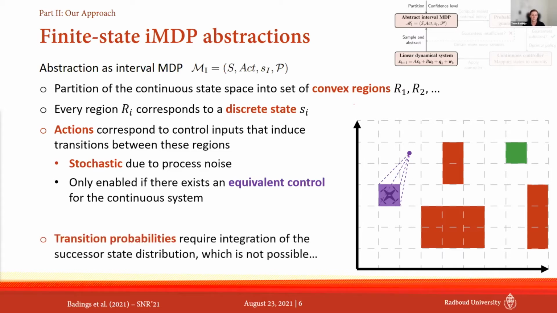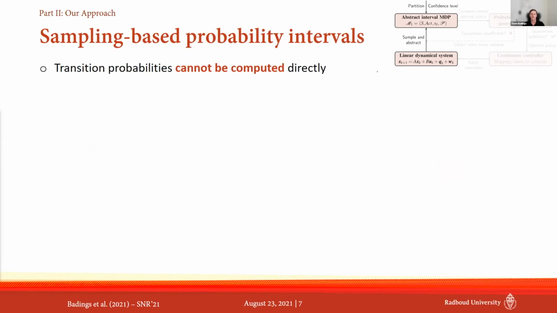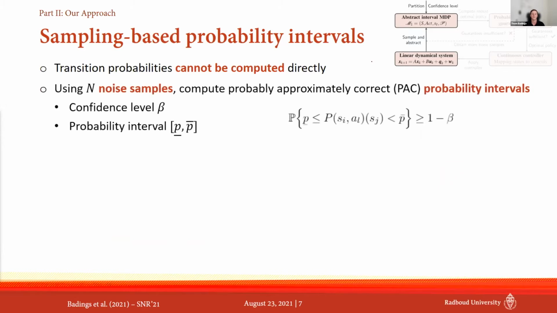Finally, we want, of course, to define the transition probabilities for this Markov decision process. But because this requires integration of the distribution over the successor states, and because this, in fact, requires the knowledge of the process noise distribution, this is not directly possible. So instead of that, we use a sampling-based approach to compute intervals of probabilities.